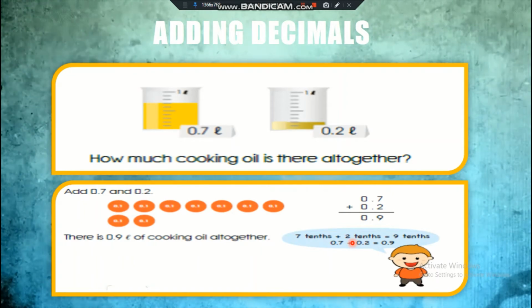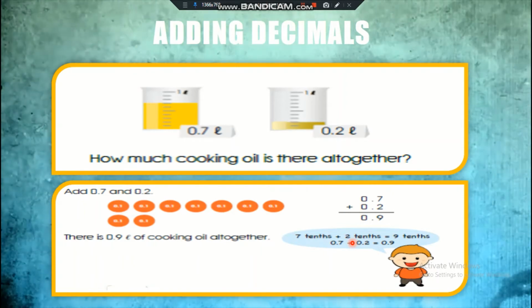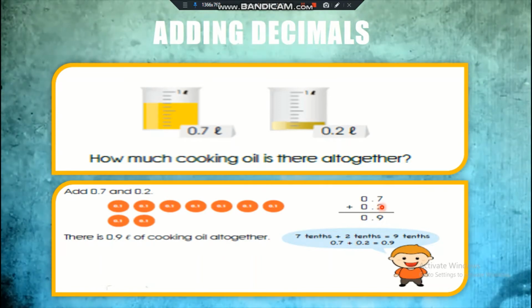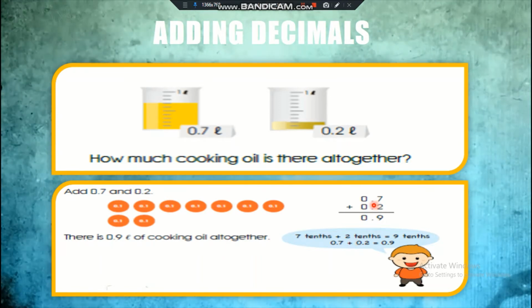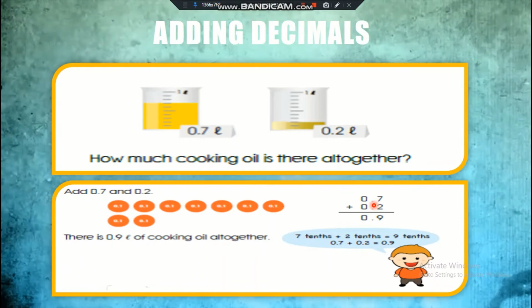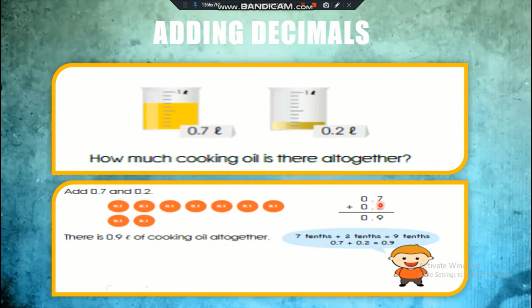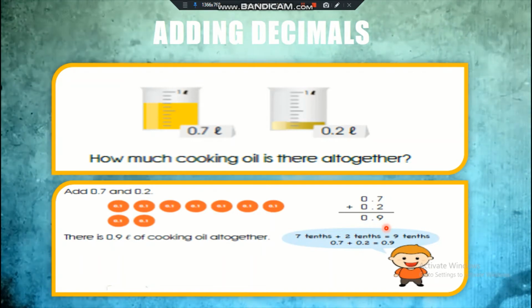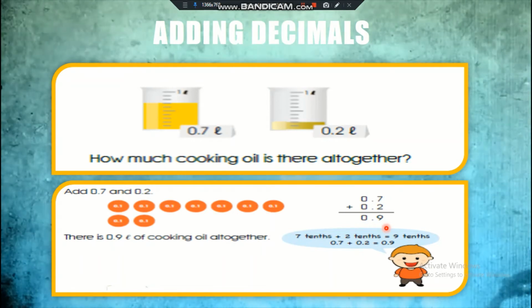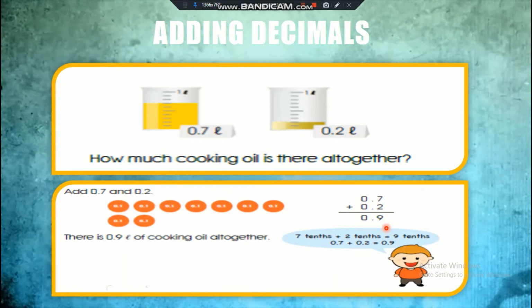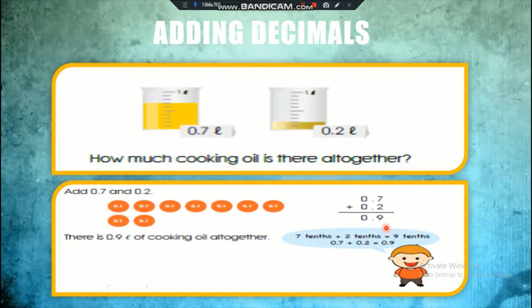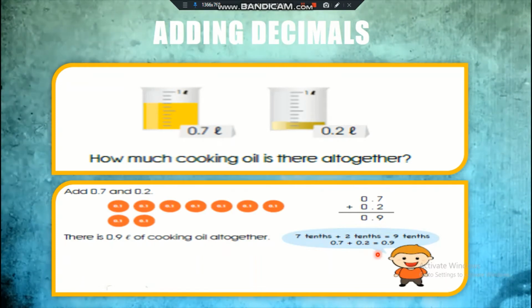Remember, we have done this in decimals part 1, that whenever we have one number after the decimal point, it means tenths. For example, 0.1 stands for 1/10, because there is only one zero in the number 10. I hope you remember this concept.